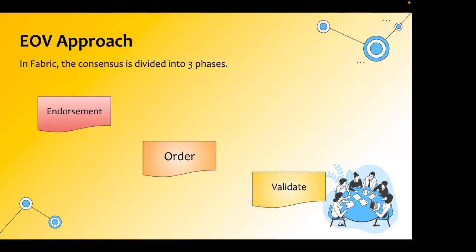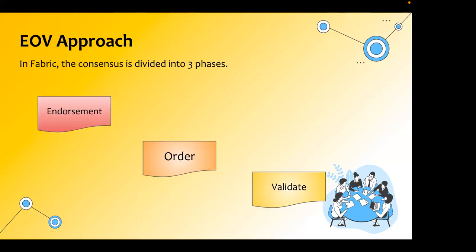Read set meaning the current state, and write set meaning the next state which is going to come. If he is transferring some money, then the next step would be 100 minus from person A and credited to person B. That will be your write state, correct? That they will create and send back to the SDK. This is the complete endorsement process.